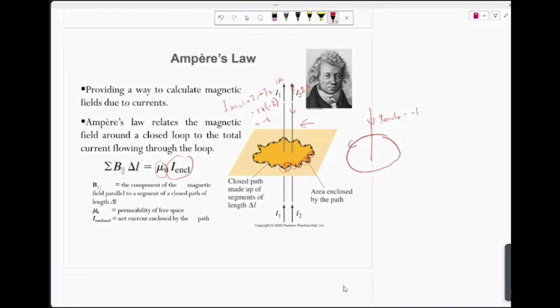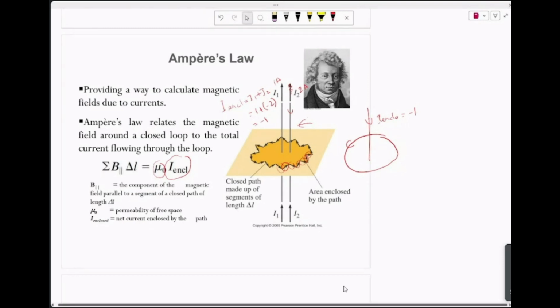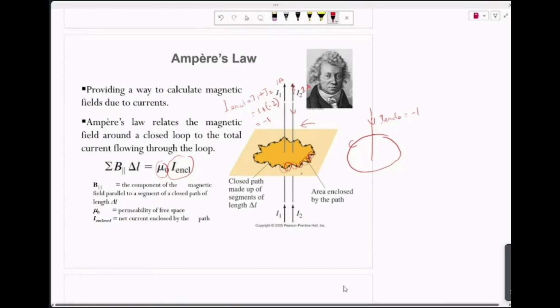And then the direction, you can always check whether it is consistent. The direction of the enclosed current should be consistent with the right hand grip. So this is the thumb of your right hand, and then your fingers.